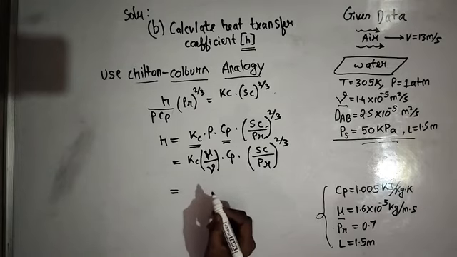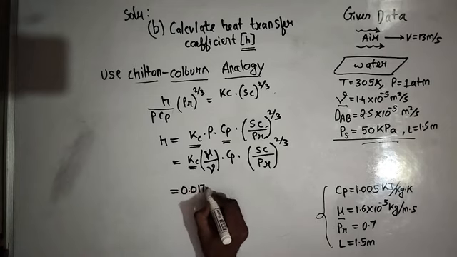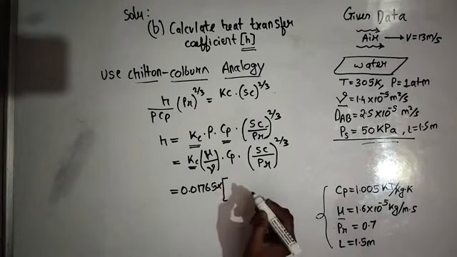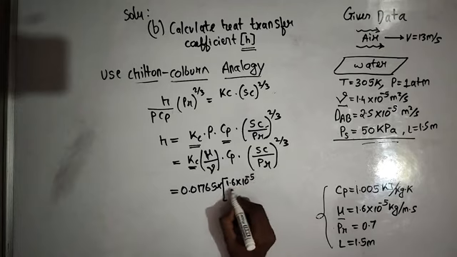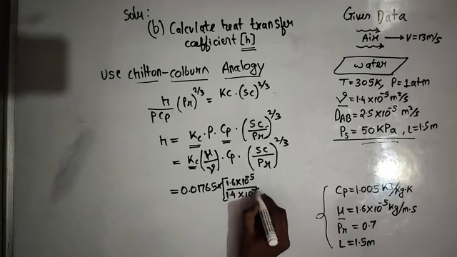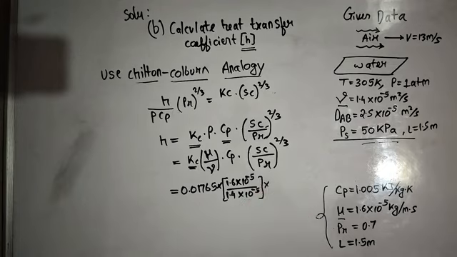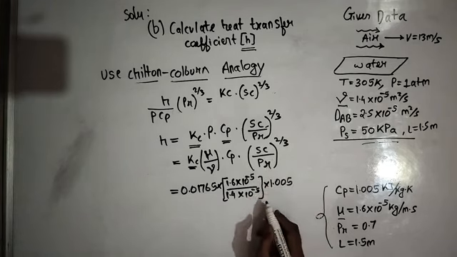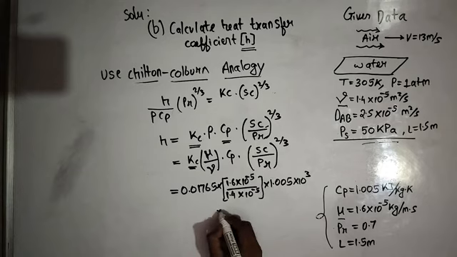So now we have to substitute the values. From part A, we have calculated Kc as 0.01765 meter per second into viscosity, which is 1.6 into 10 raised to power minus 5, upon kinematic viscosity, which is 1.4 into 10 raised to power minus 5, and Cp we have been given as 0.005 kilojoule per kg, so we'll also multiply by 10 raised to power 3.